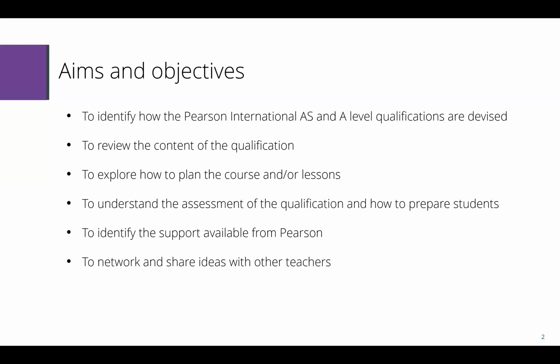So what papers are there, and what sort of things appear on each of the exam papers. We'll look a little bit at how you might incorporate that planning into your lessons so that it reflects what happens within the assessment, and that you understand the assessment of the qualification.